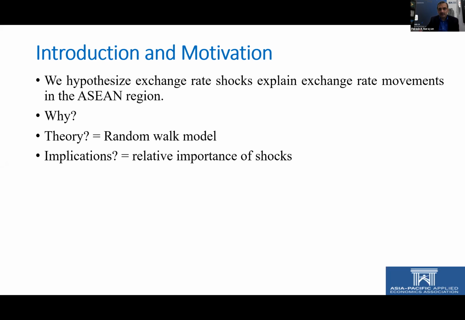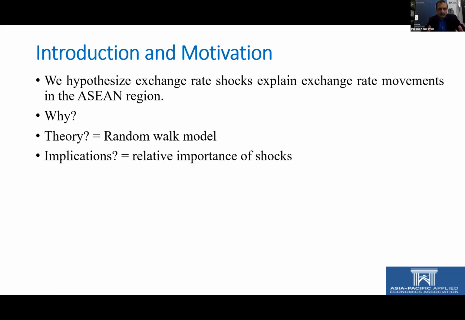If the random walk model performs in a superior way, as shown by Meese and Rogoff in the early 1980s, then obviously you don't have to worry about fundamentals. And that was the big debate, and that's where a lot of tensions developed.